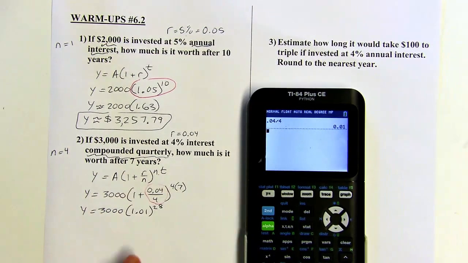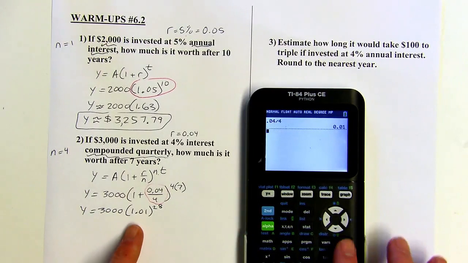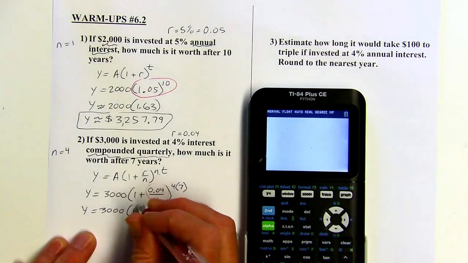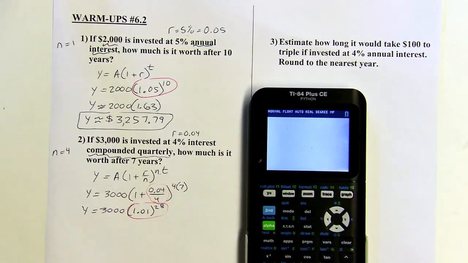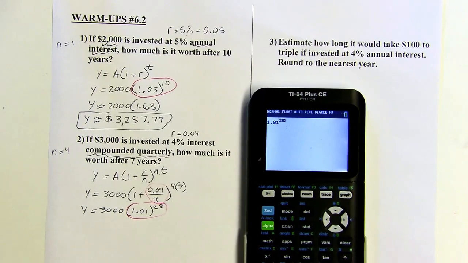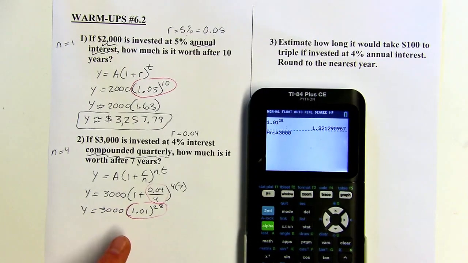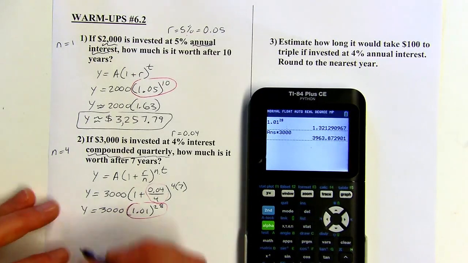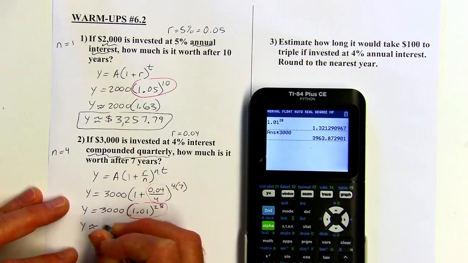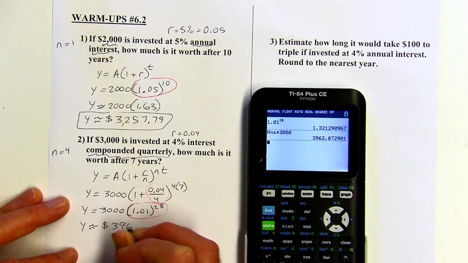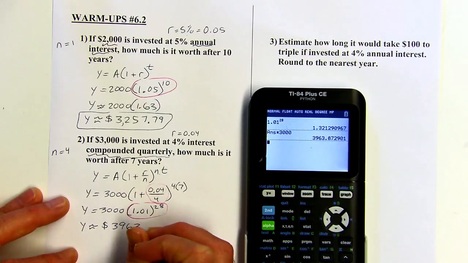I'll go ahead and simplify that. Okay, and then I would do the exponent next, so 1.01 to the 28th, and then the last thing is to multiply by 3,000. And that gives me, let's see, $3,963.87.